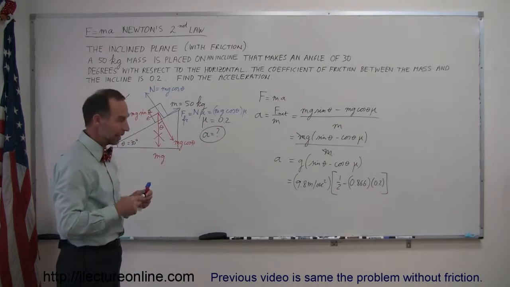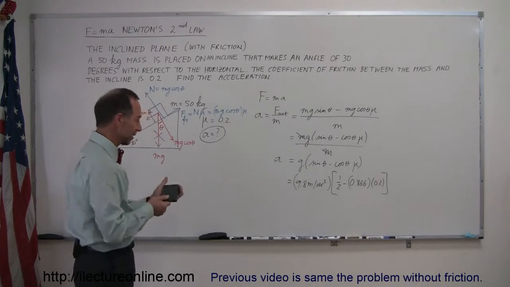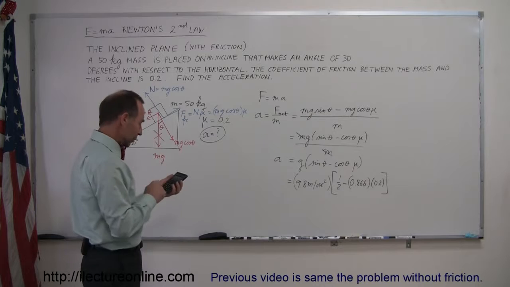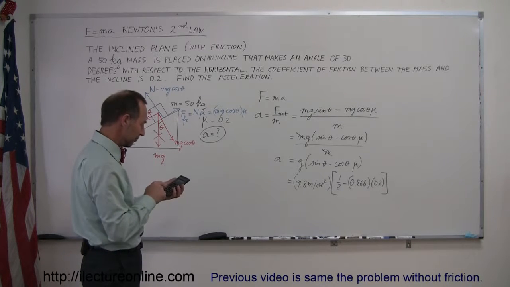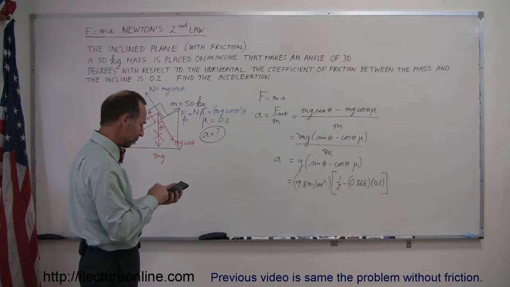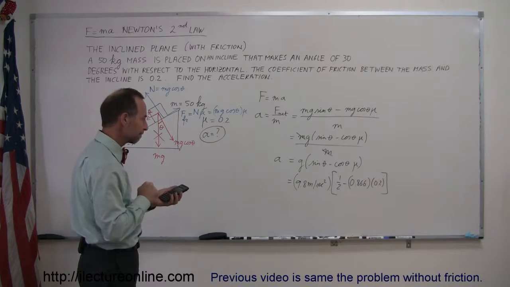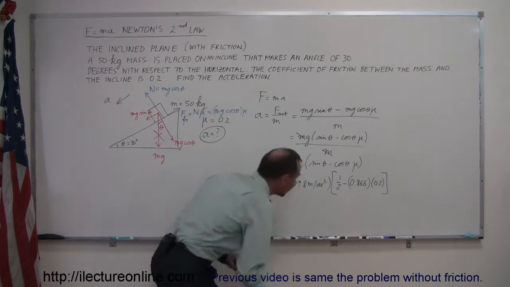Now we go ahead and work that out. Of course, I'm going to need a calculator for that, which I have handy right here in my back pocket. So we take 1/2, that's 0.5, minus the product of the cosine of 30 degrees times 0.2. Okay, so I can put the intermediate result. Wow, I dropped my pen here.